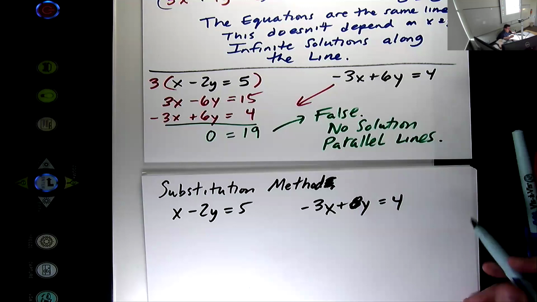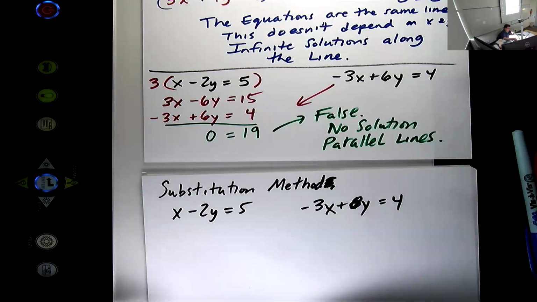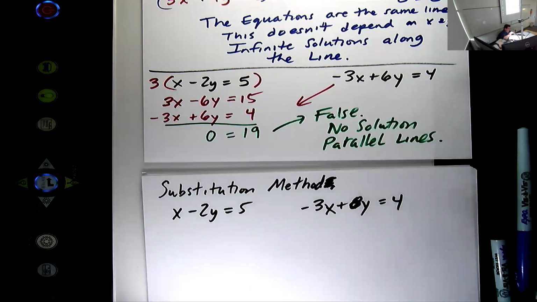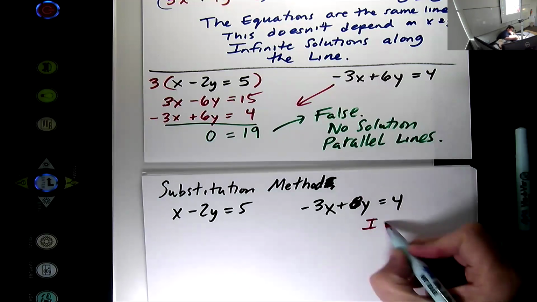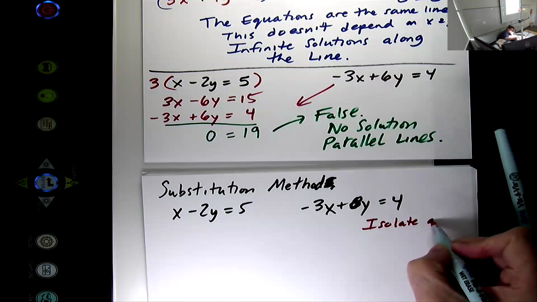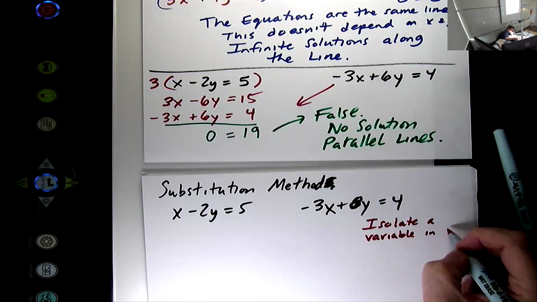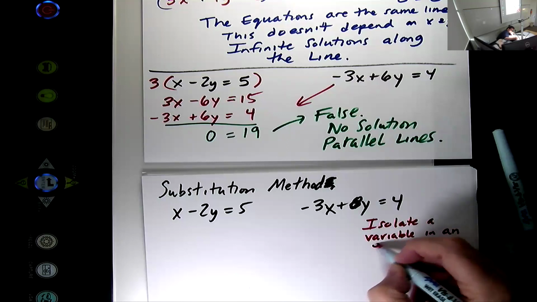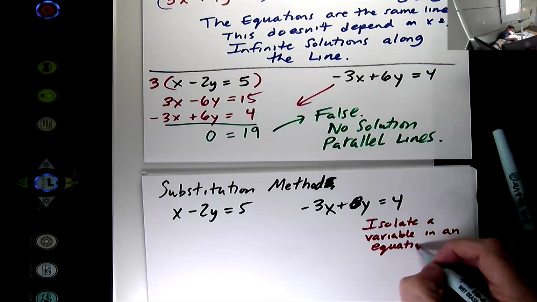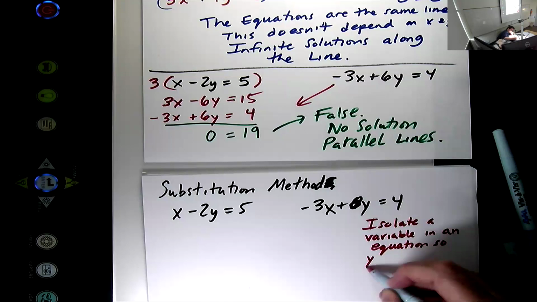So I changed it so that we'll get a solution. The idea with the substitution method is to isolate a variable in one equation so you can sub it into the other.